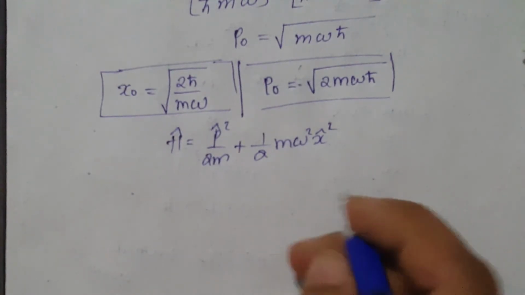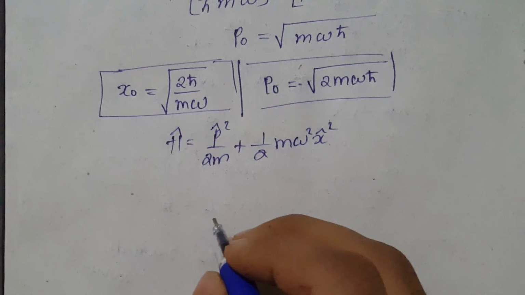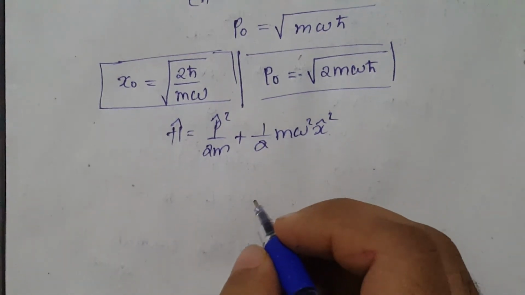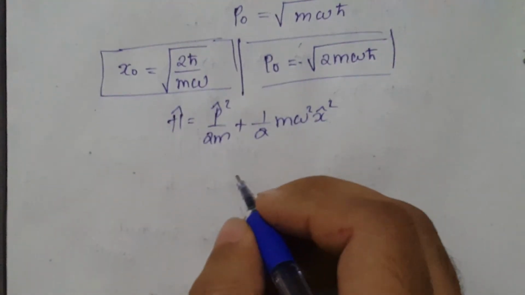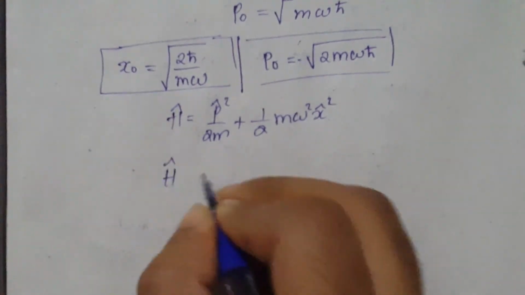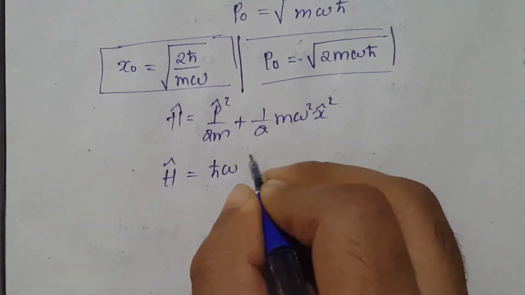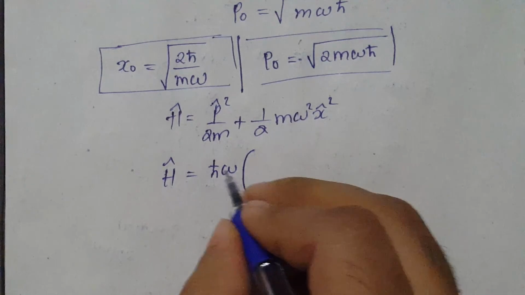Now like I said before, let me take h cross omega out. That is, let me write it like h is equal to h cross omega times something. What would that be?